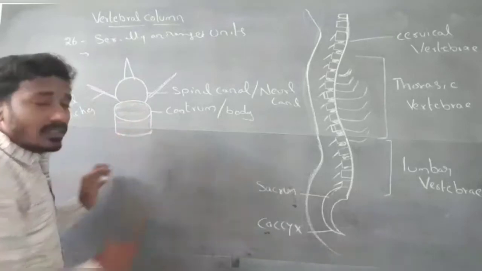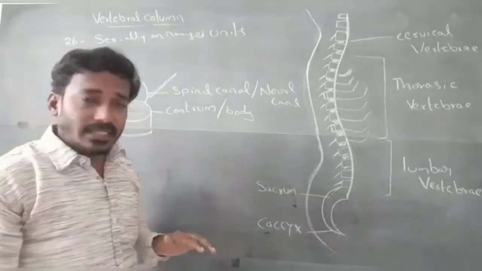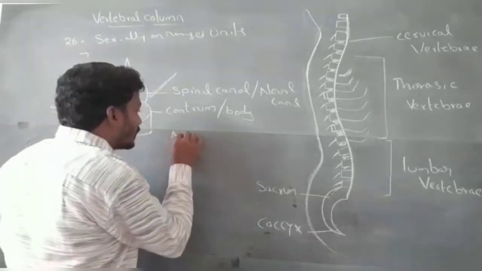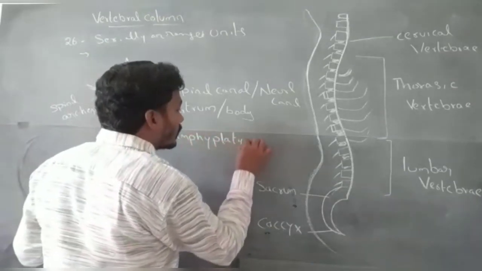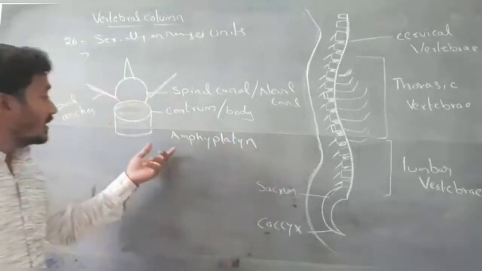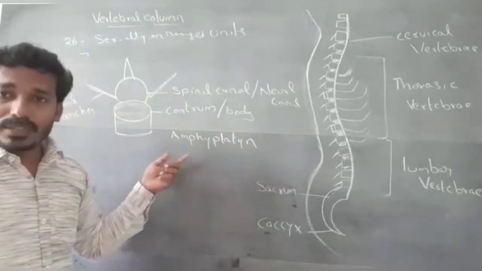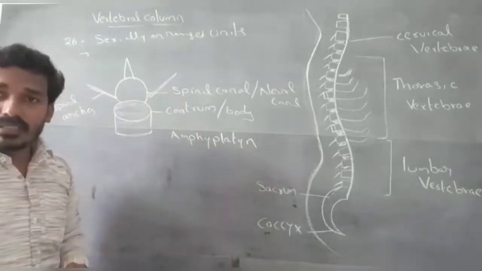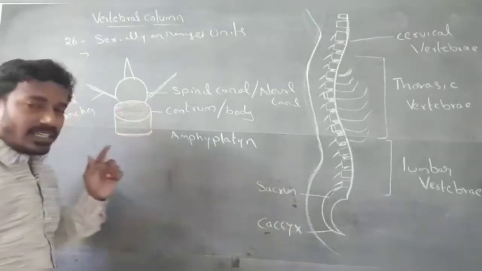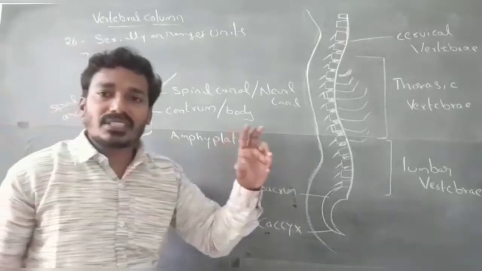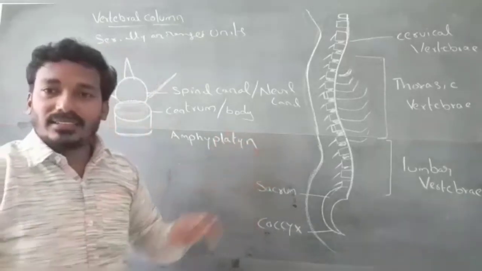In mammals, the centrum is amphiplatyan. An amphiplatyan disc is present in mammals. It means both ends, the anterior and posterior ends of the centrum, are flat.